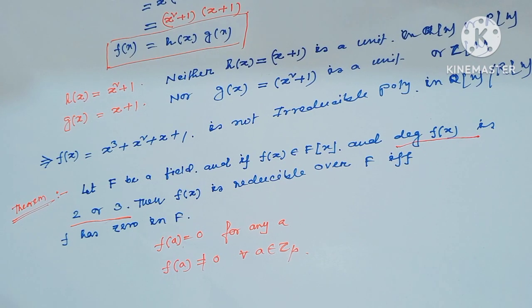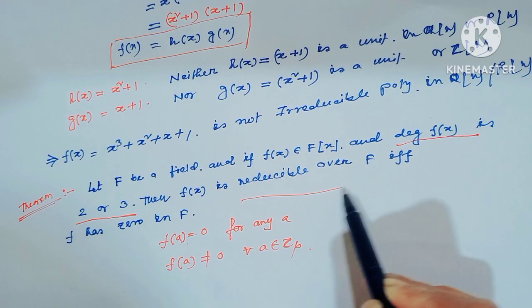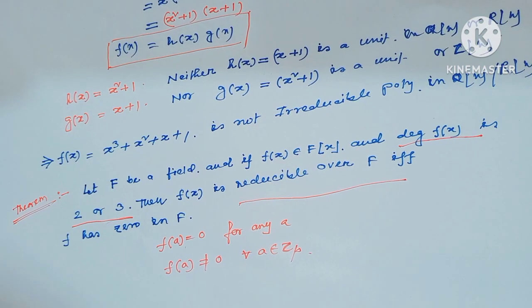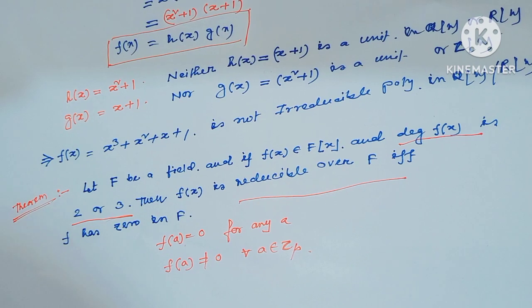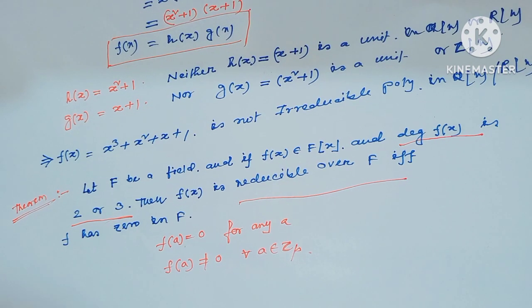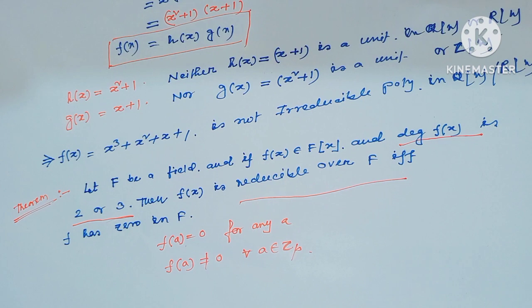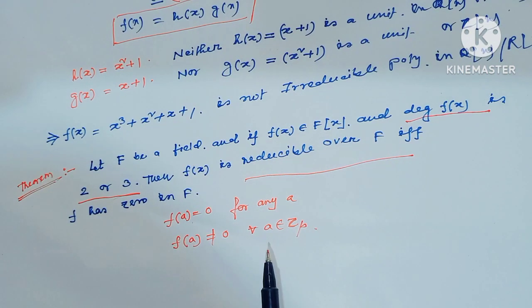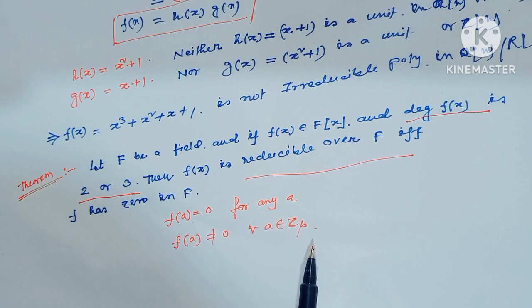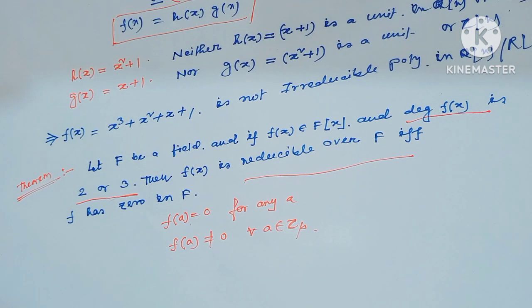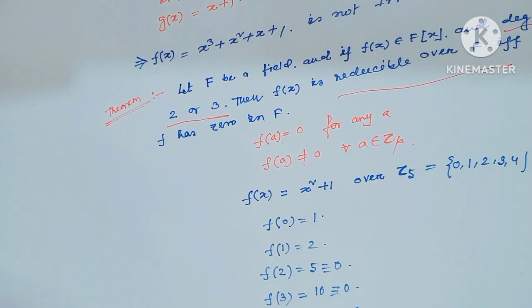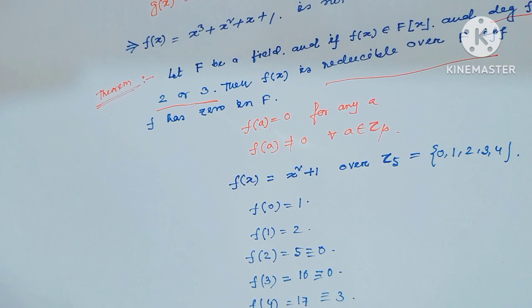Then f(x) is reducible over F if f has a zero in this field. That means if f(a) = 0 for any a, then we can tell f(x) is reducible over F, and if f(a) is not equal to 0 for all a belonging to Zp, then we can tell f(x) is irreducible over Zp.